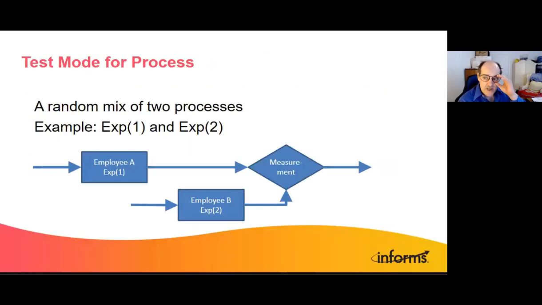Here's another potential problem. A mix of 2 processes. This happens a lot in business and processes. You have 2 assembly lines for the identical product, but they're going to generate different results because the employees on one assembly line work differently than the employees on the other assembly line.